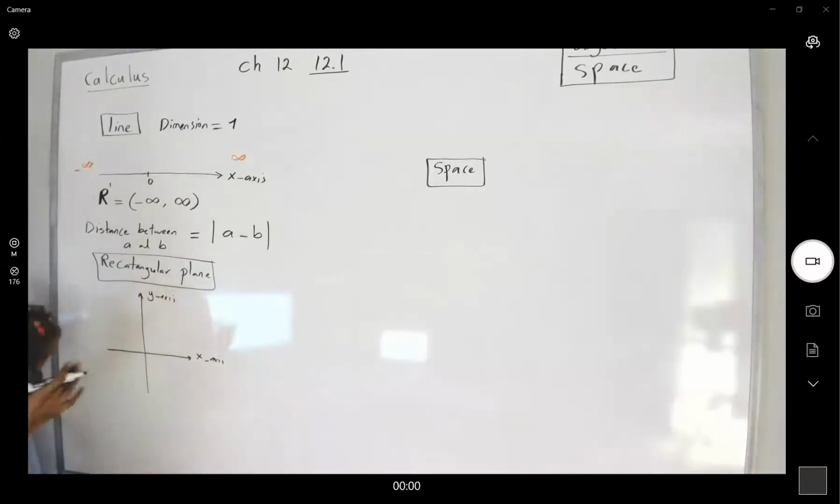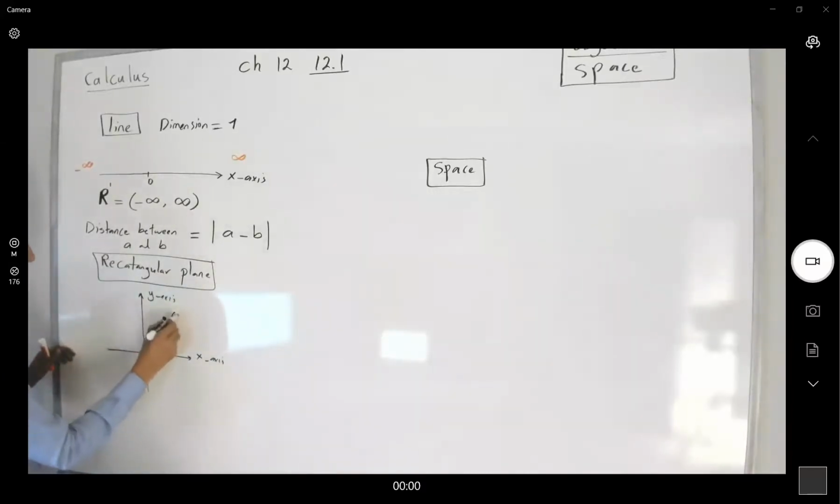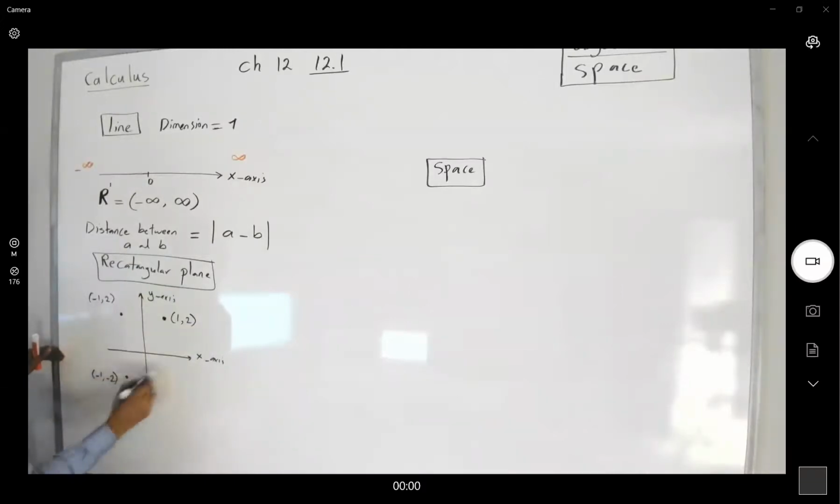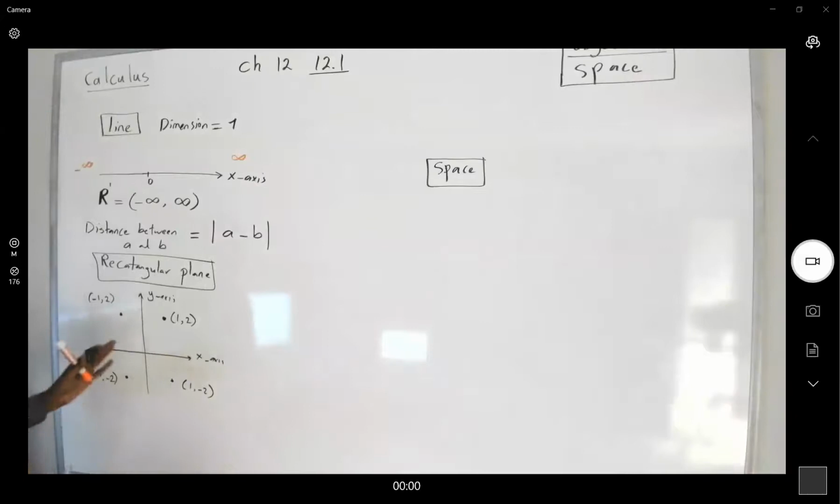And now we have points in xy plane, like this point, 1 and 2, then this point, negative 1 and 2, this point, same, negative 1 and negative 2, and this point, 1 and negative 2. So we define it this way.